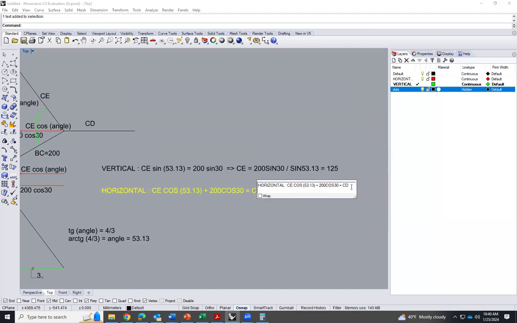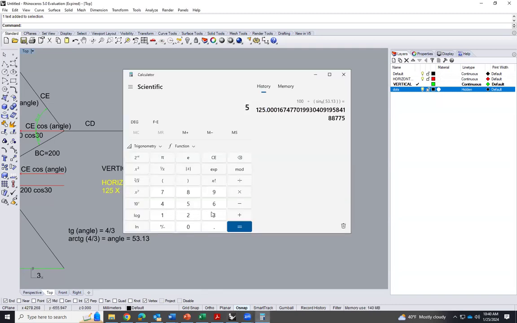What about this equation? So now this equation is CE, it's 125 times cosine 53.13. How much is it? Trigonometry cosine, it's 0.6.